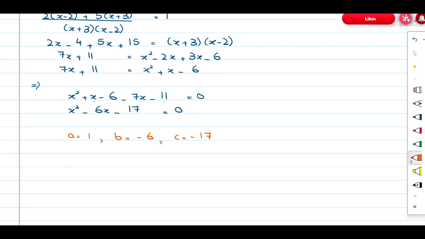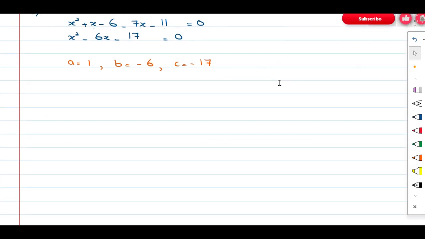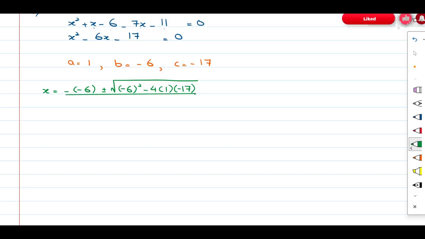Now you have to apply the quadratic formula to find the roots, right? So the quadratic formula is x equals minus b plus or minus the square root of b squared minus 4ac, divided by 2 times a.